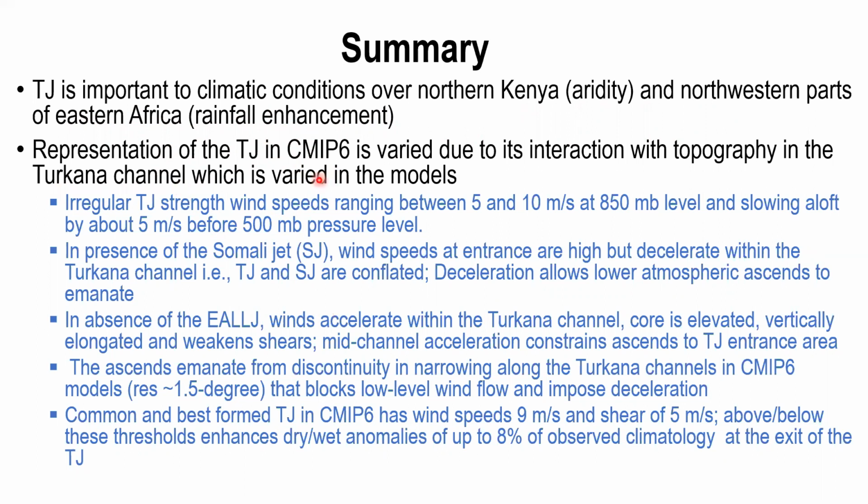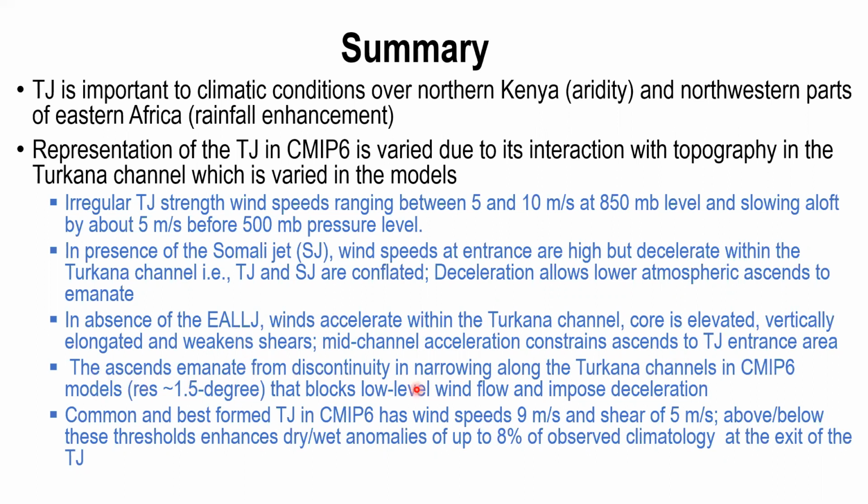So the TJ is a bit irregular in these models, and during presence of the Somali jet, the wind speeds decelerate. There is conflation of the TJ and the Somali jet. In absence of the Somali jet, which is also the East African level jet, the winds are allowed to accelerate through the channel, and the core is elevated, and that weakens wind shears.